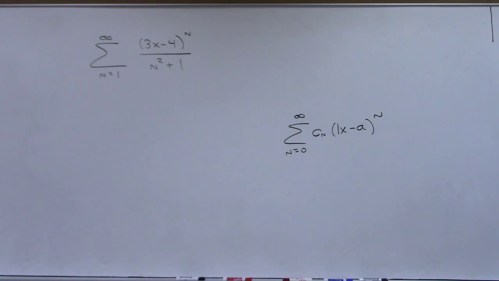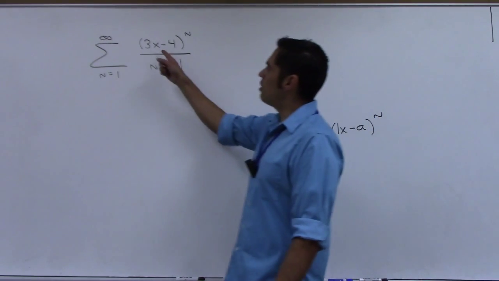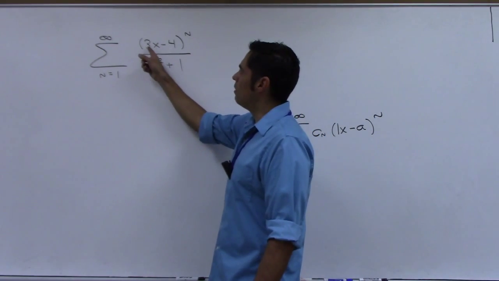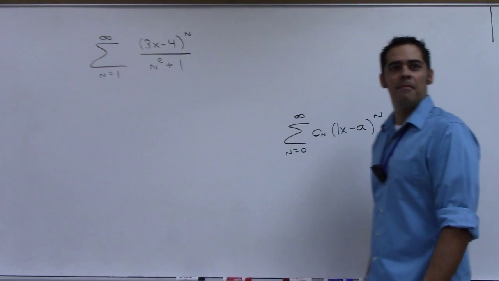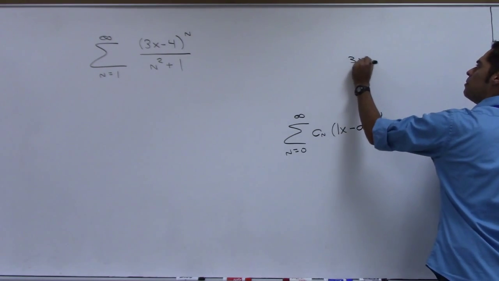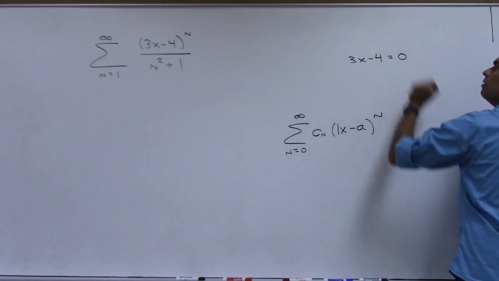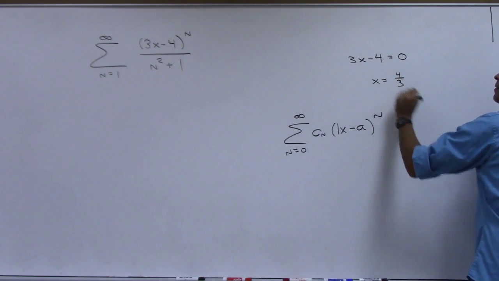It'd be hard to pull a 3 out right here only because the n power wouldn't allow you to pull it. You can set the little part in the parentheses, 3x minus 4, equal to 0. And what would you get? 4/3?